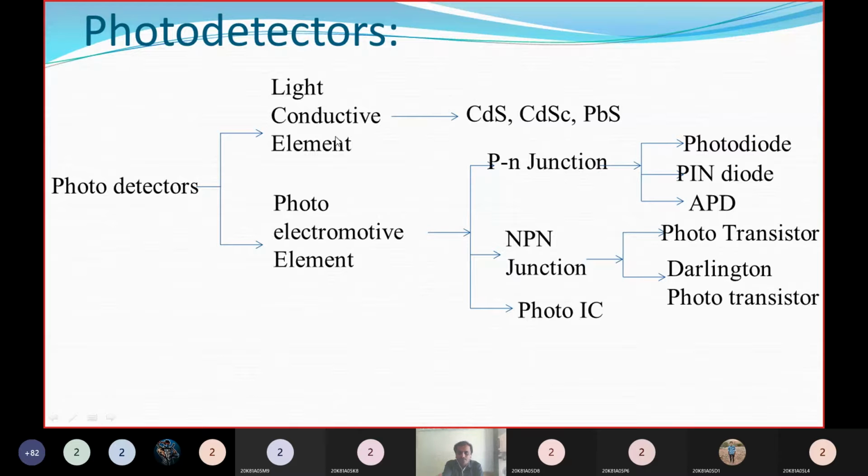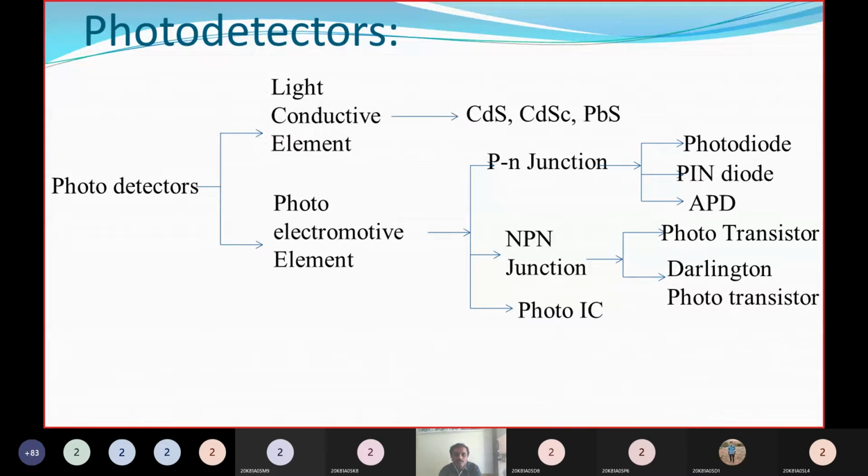We will not discuss this part, because these are not semiconductors. So we go to the next one, the photoelectromotive element.